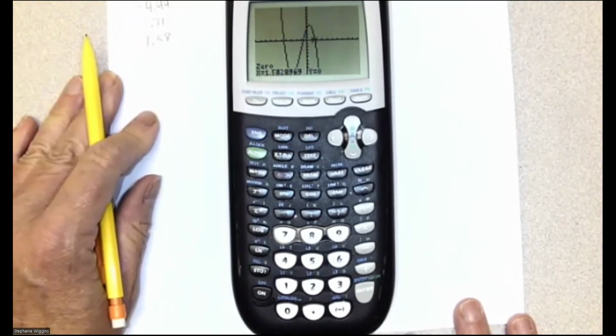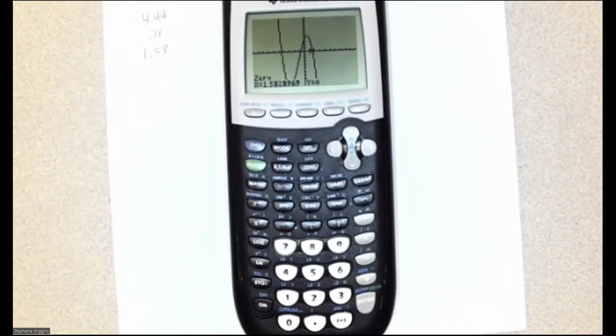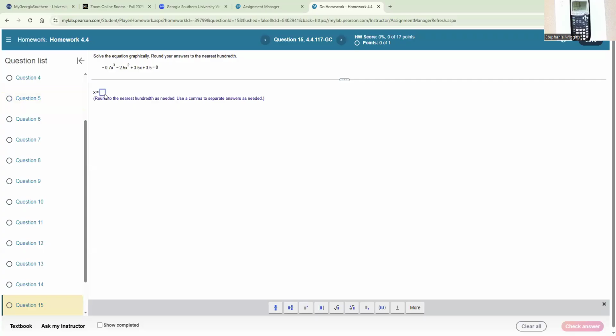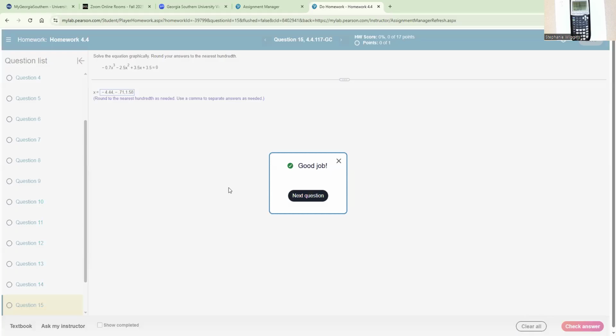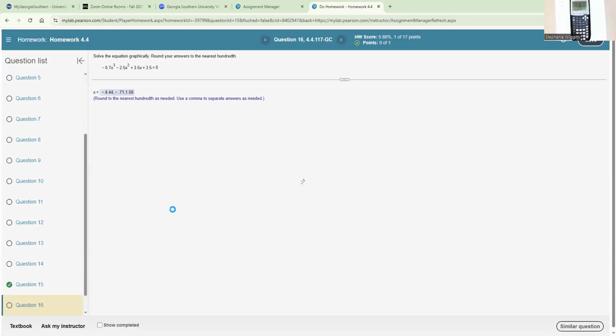So I have my 3 zeros for this function, and I'm going to share my screen and we'll enter those values in. And you're supposed to separate by commas, so I'm doing that. So I have my 3 values that have been rounded, and those are correct.